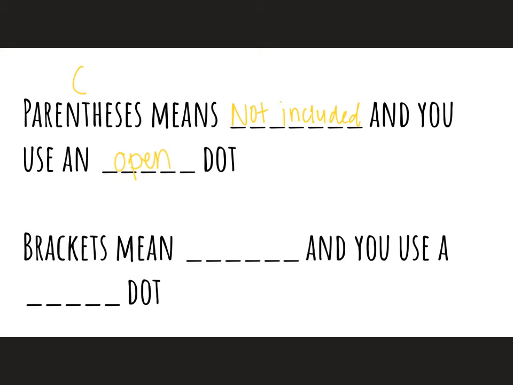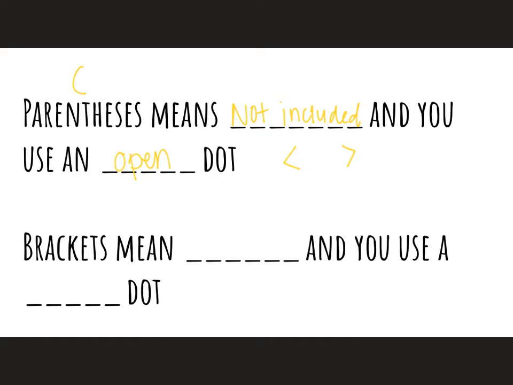So we have interval notation, which is the parenthesis. That means it's not included, and you would use an open dot. You'll see that on the number line. You're going to use that with the less than and greater than symbols on their own.